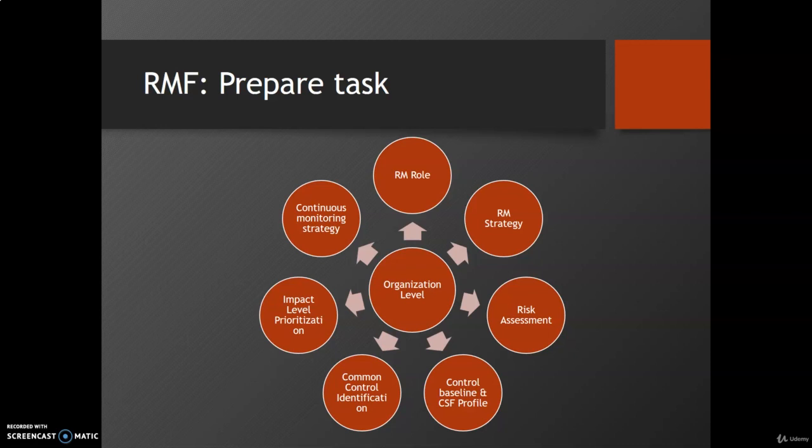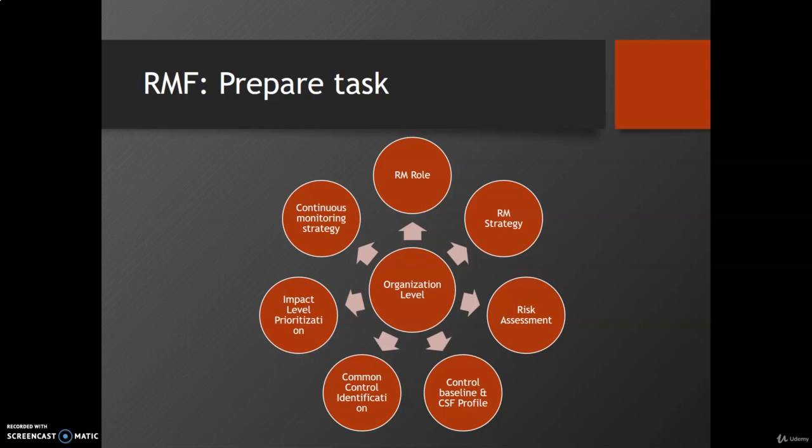For example, physical and environmental protection controls, system boundary and monitoring controls, personnel security controls, policies and procedures, acquisition controls. So these are controls which do not correspond to a particular system. They can apply to multiple systems. So that's why we are calling them common controls.